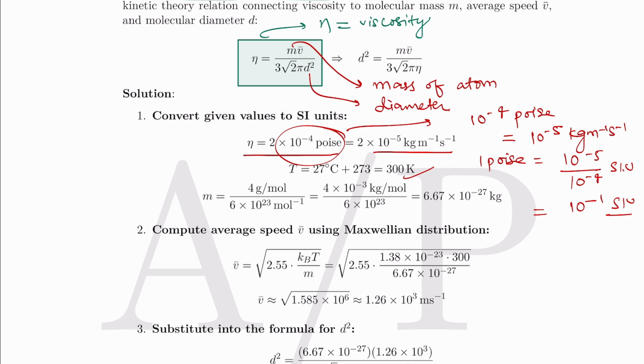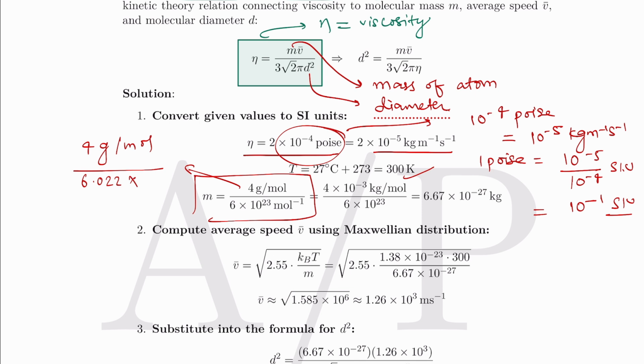Temperature is 300 Kelvin, and the atomic mass we know is 4 gram, which is actually the molar mass, the mass of 1 mole. So you took 4 gram per mole in the numerator, and divide by the total number of atoms per mole, which is 6.022 to be precise. But we can neglect that decimal part.